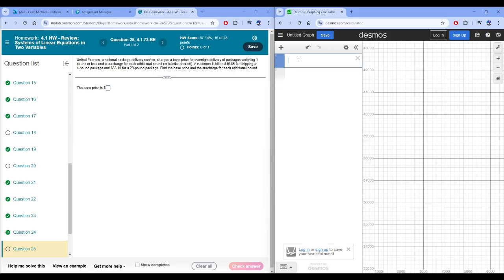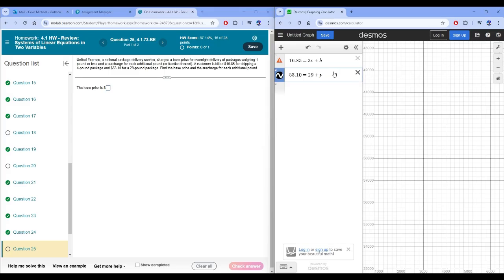Let me look at this first equation. My first equation is 16.85 equals, how much is this thing? It's 3 pounds, 3x plus b. And then my second equation is 53.10 equals 28x plus b.